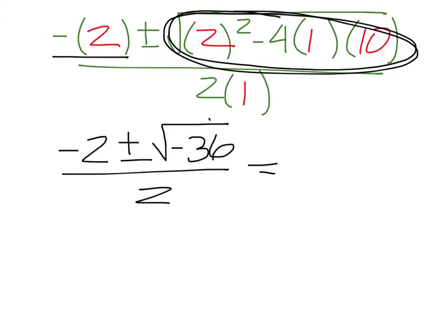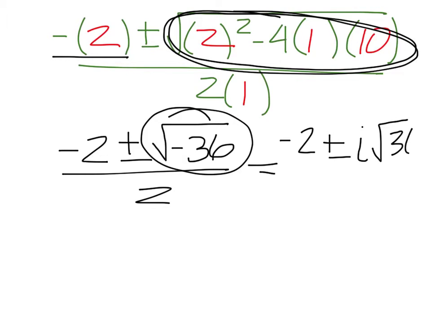We need to simplify this part, and we do it by writing what? i, and then square root of 36, yeah. That's right. So anytime you have a negative square root, just take out an i and eliminate the negative sign.